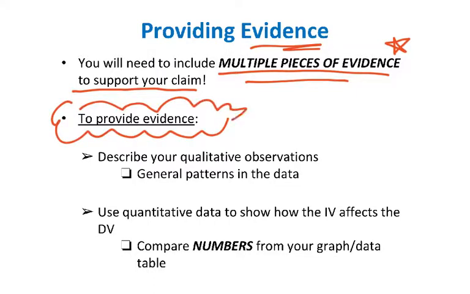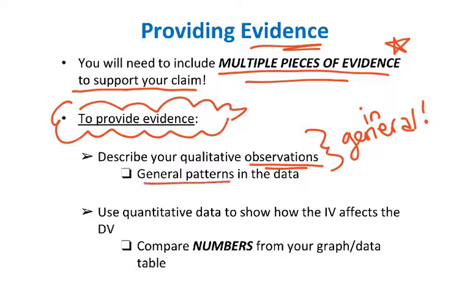To provide evidence, one thing you can do is describe your observations in general, for example, talk about some general patterns that you notice in the data. The other thing that you really must do is use quantitative data whenever possible to show how the IV affects the DV.